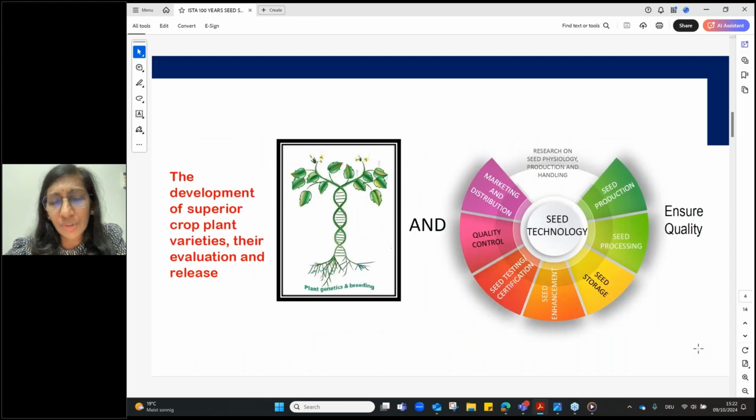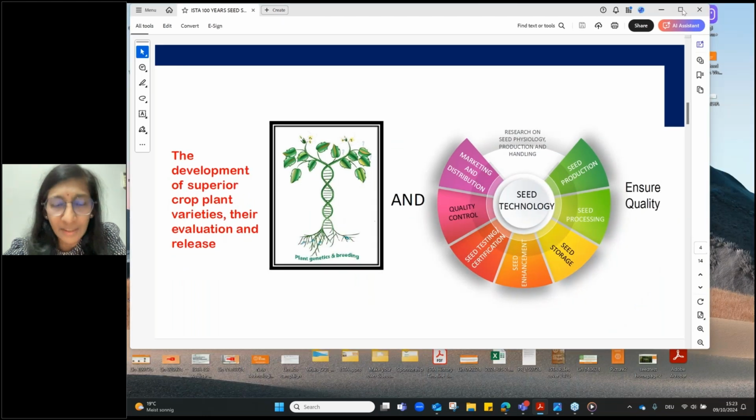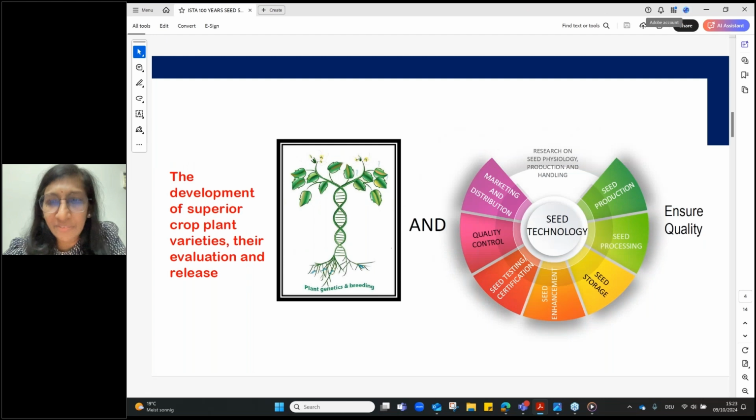Next. I just want to put this into a pictorial concept, which I think will jive well with what the seed arena is doing. The development of superior crop plant varieties, their evaluation and release, mainly encompasses the breeding side. But breeding definitely comes hand in hand with the technology aspect: seed production, seed processing, storage, enhancement, testing and certification, and quality control.